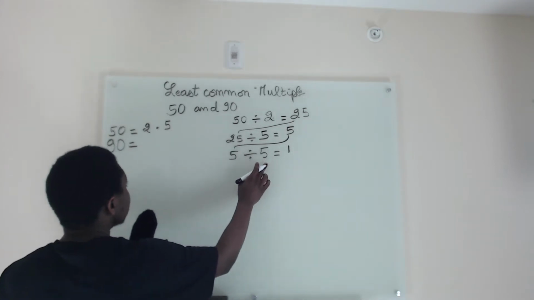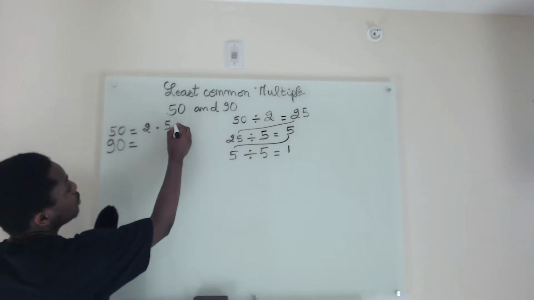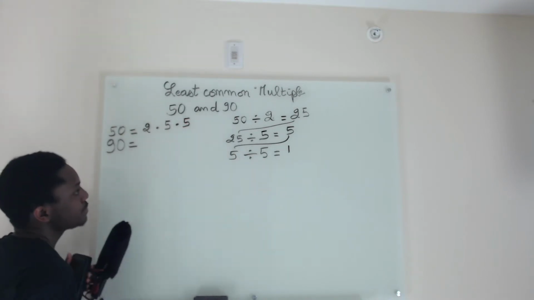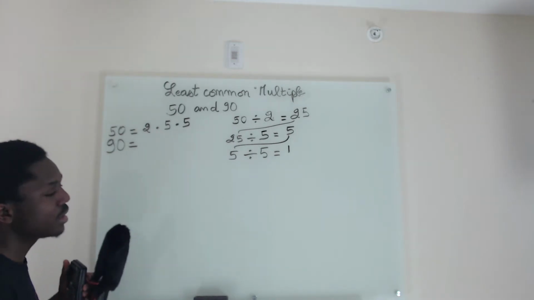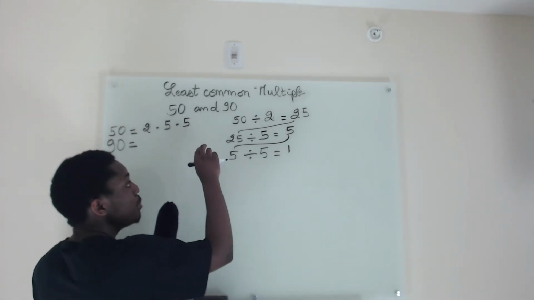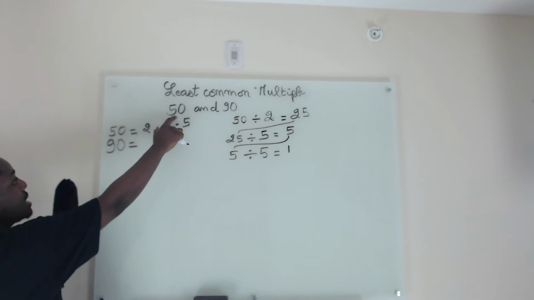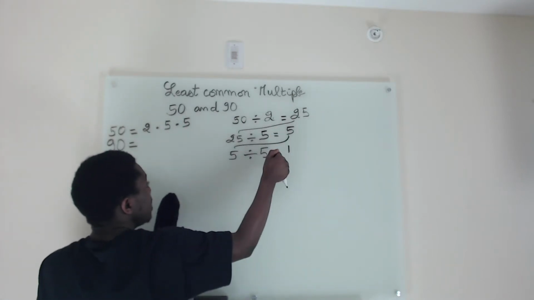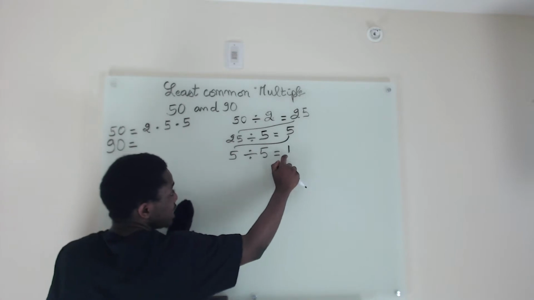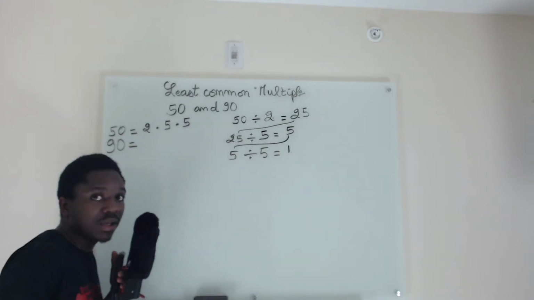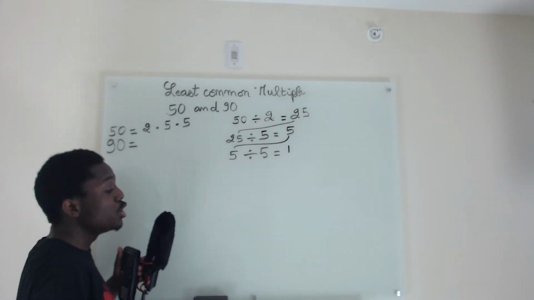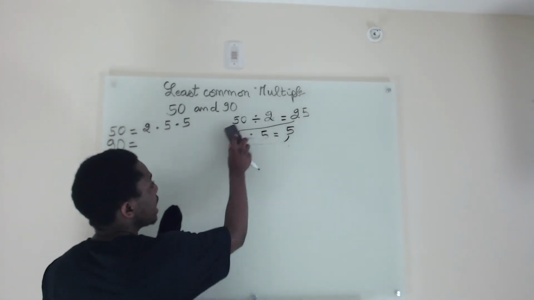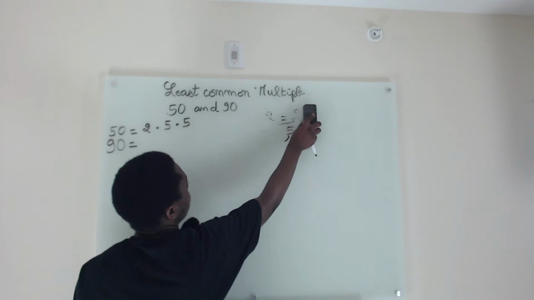So I put times this number right here, 5. Now, basically, you have to take the first number and keep performing the division until the answer is 1. When the answer is 1, you stop performing the division. Now I can erase this.